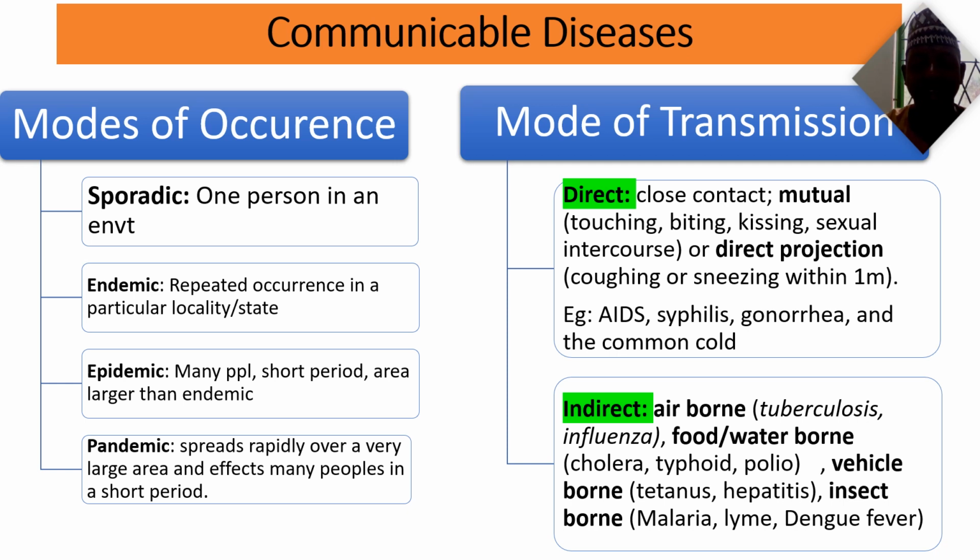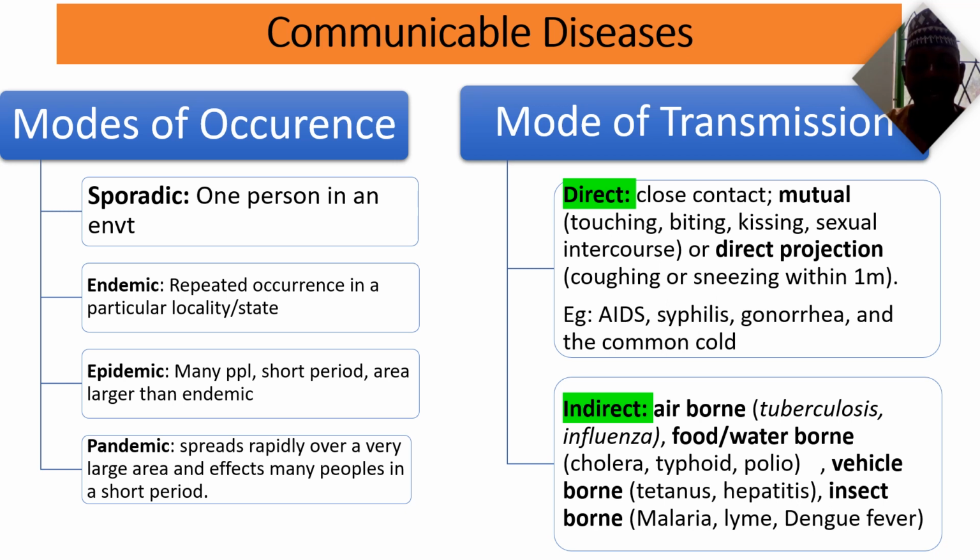Another type of indirect transmission is vehicle-borne transmission. Vehicle-borne transmission involves transmission of the pathogen by contaminated non-living materials in the environment. This includes maybe toys used by children, handkerchiefs, soil, clothes, beddings, utensils, surgical devices, and so on.